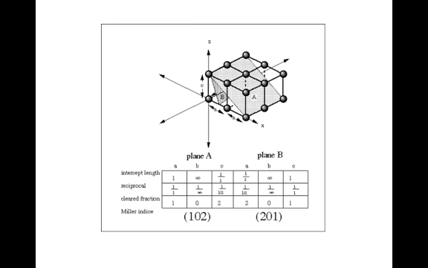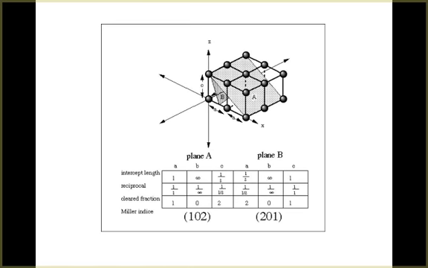Here's another example. In this case, plane A is oriented the same as in the last example, with the plane intersecting the C-axis half as far away from the origin as the A-axis. So we'll look at plane B, and that's the opposite case, where the plane is intersecting the A-axis half as far away as it is along the C-axis.